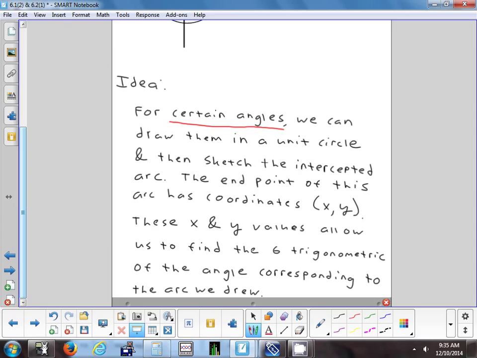Okay, if we're going to do that, we'll get into more right triangle trig. But generally, unit circle trig is used for angles that are multiples of 30 and 45. You can also extend it to angles that are multiples of 15 with a couple special formulas. Okay, but for now, we'll stick with multiples of 30 and 45.